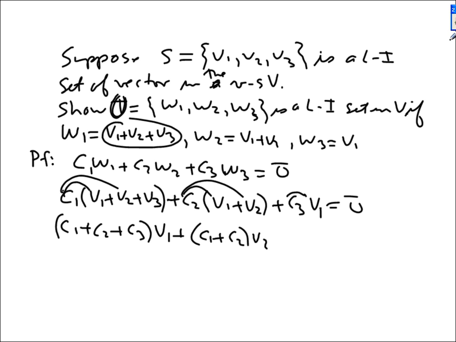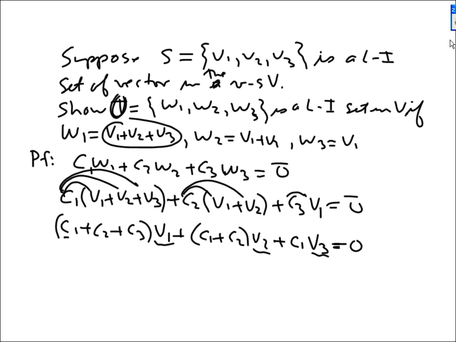The only vector that's left is C1 times V3. And this is 0. Okay? So we have a linear combination now of vectors 1, 2, and 3 that add up to 0.